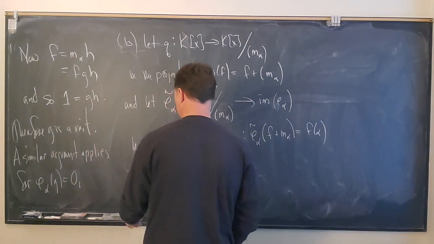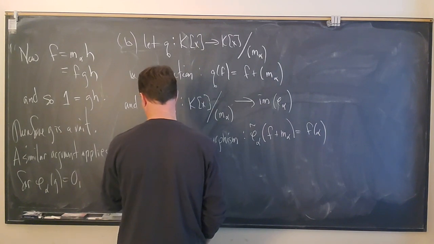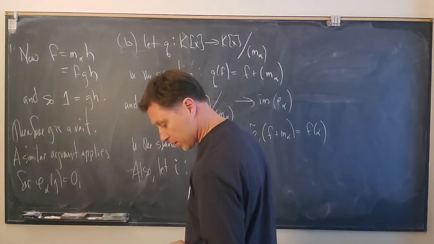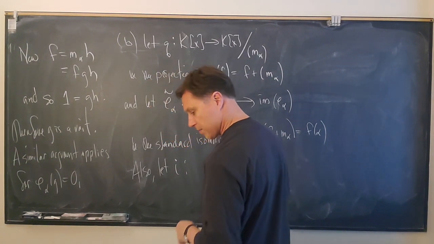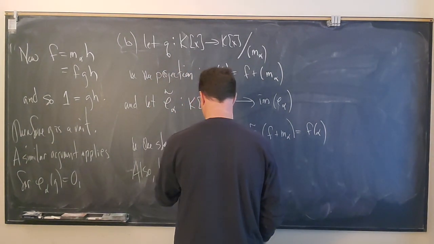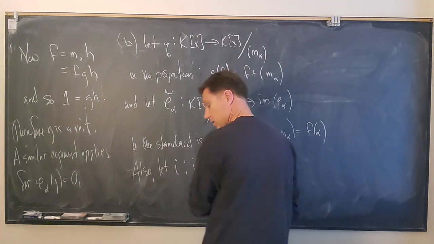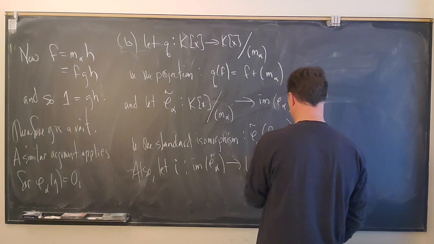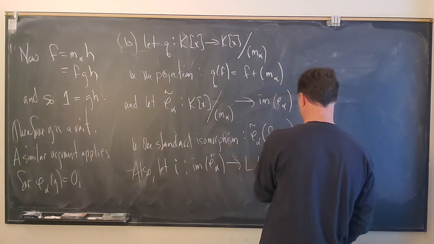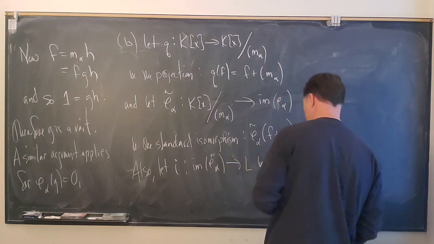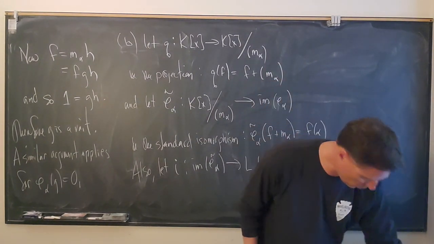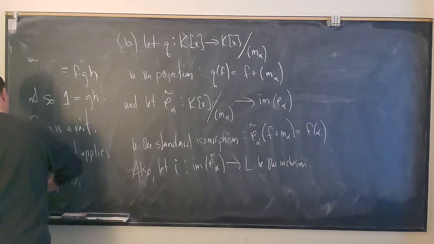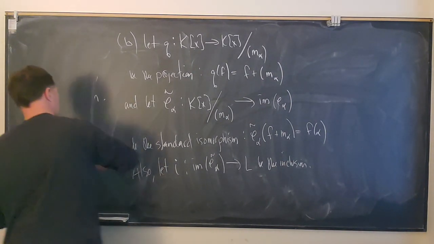One more mapping that we need, so we'll say also let i, little i, from the image of E sub alpha tilde into L be the inclusion mapping. So there's a picture that goes along with this. So let me draw the diagram.